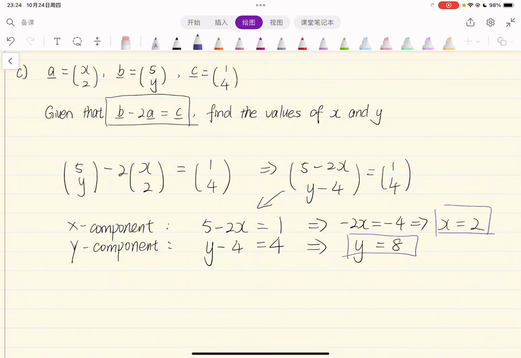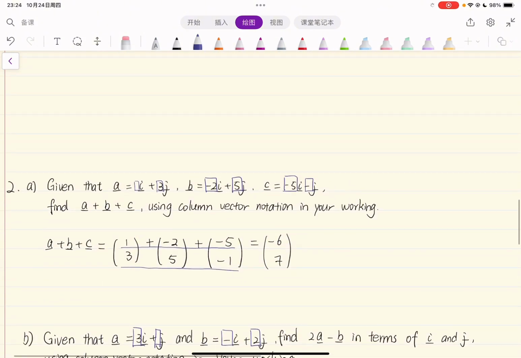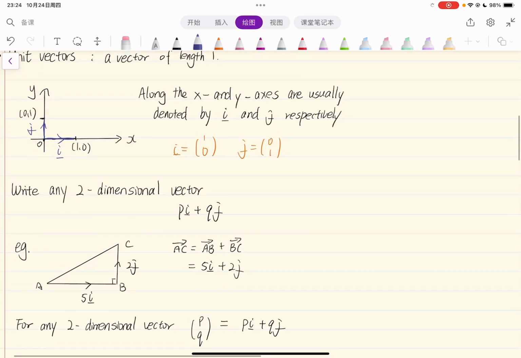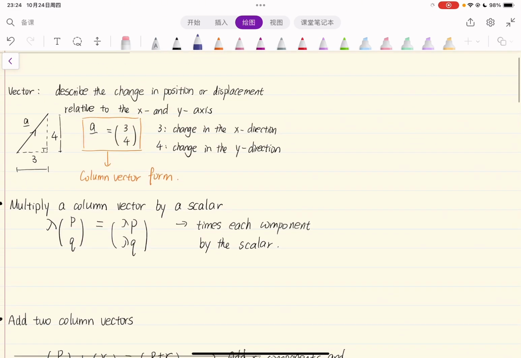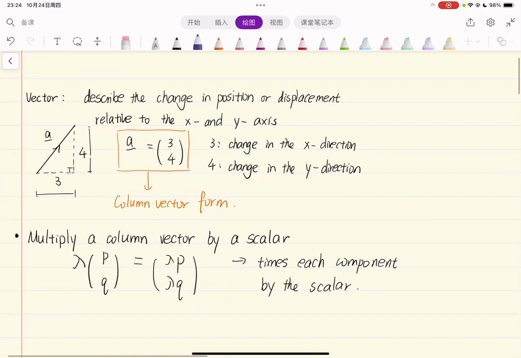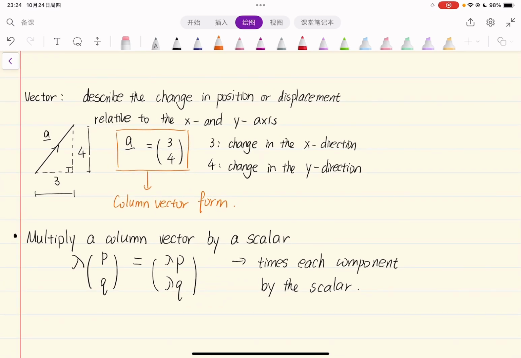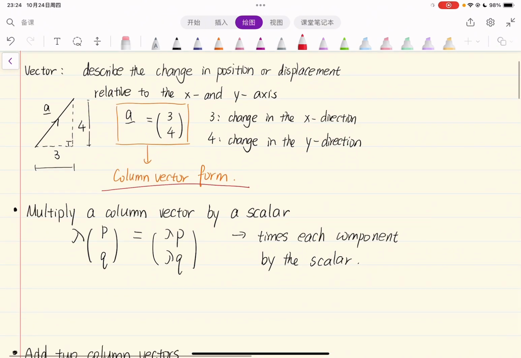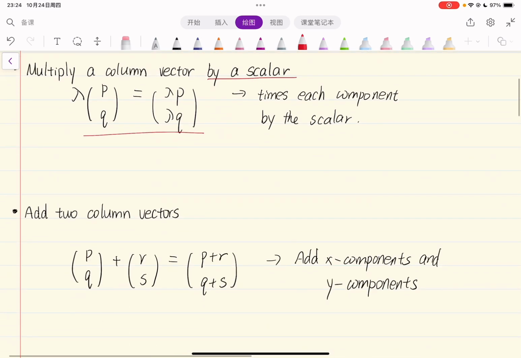So here is the end of the questions. You need to remember how to write vectors in the column vector form. You need to know how to multiply the column vector by a scalar, and also how to add two column vectors.